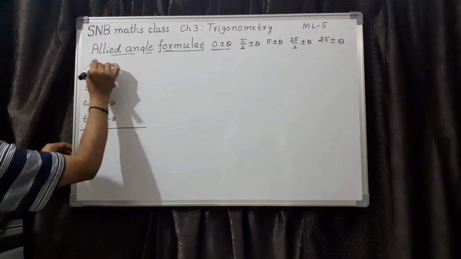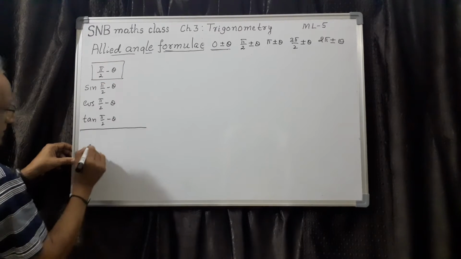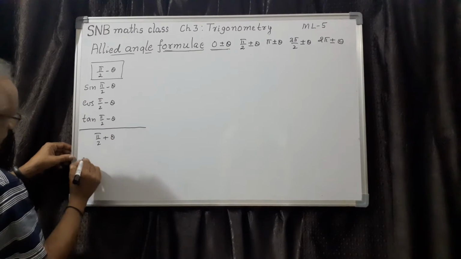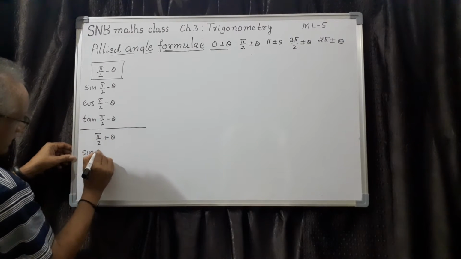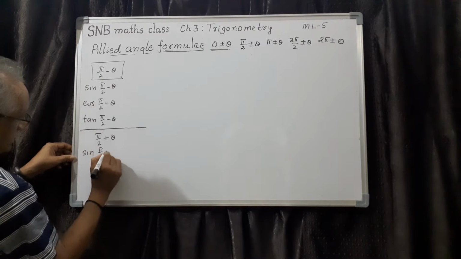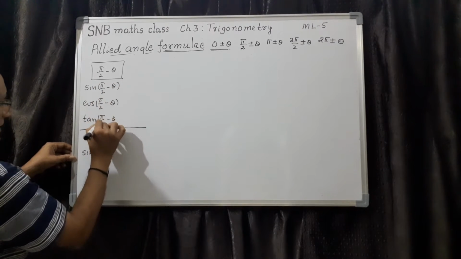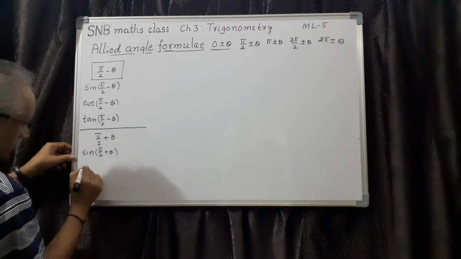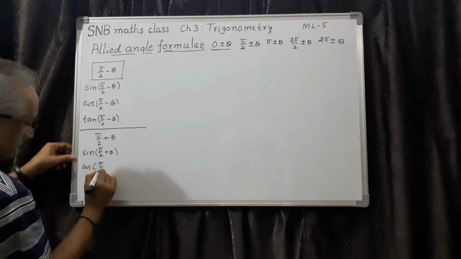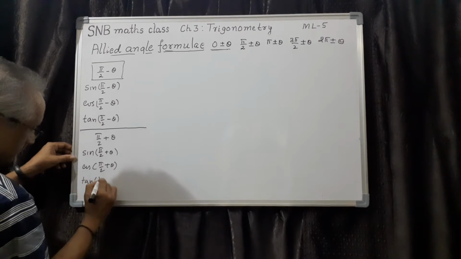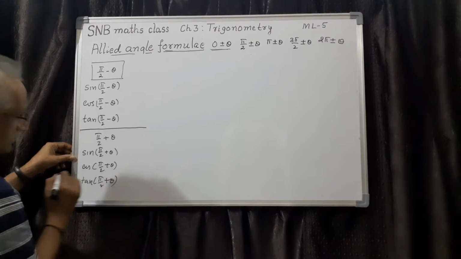Then I will take pi by 2 plus theta. For this also once again I will write sine of pi by 2 plus theta. Of course, the bracket should be there. Then cos of pi by 2 plus theta, then tan of pi by 2 plus theta. So this is the set.